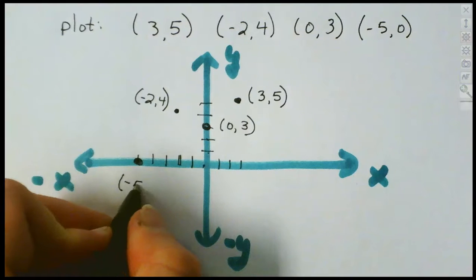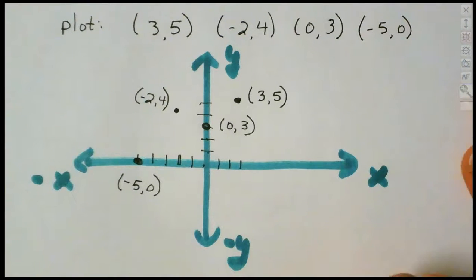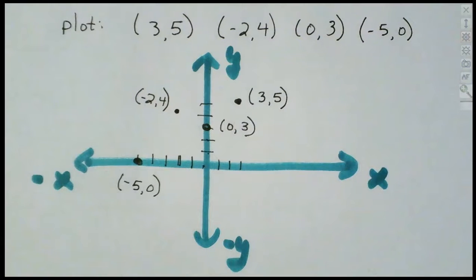So that's going to be -5, 0 there. Okay? That's how you plot ordered pairs. And ordered pairs again go x, y. We're going to be working with ordered pairs a lot in this chapter, especially in the first few sections. So we learned how to plot those ordered pairs.